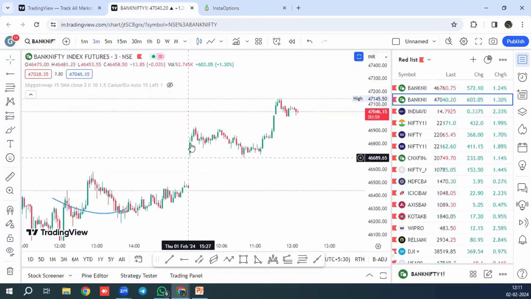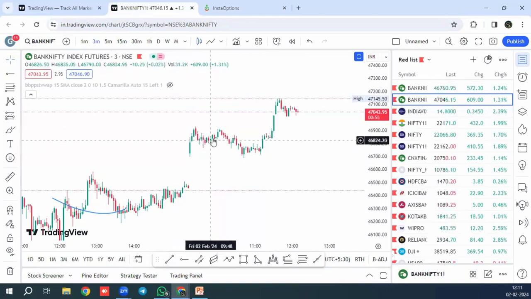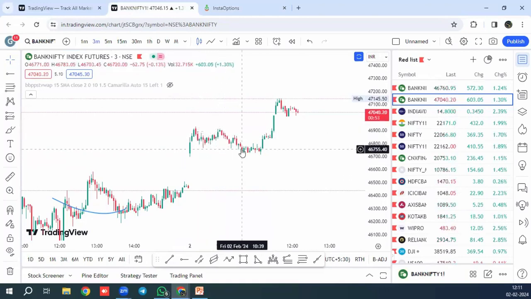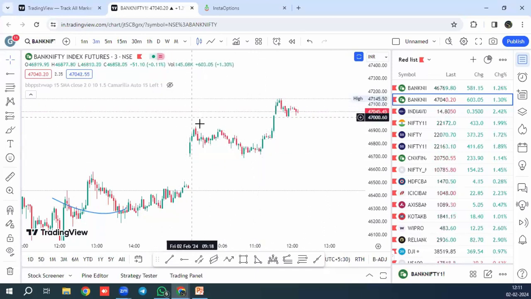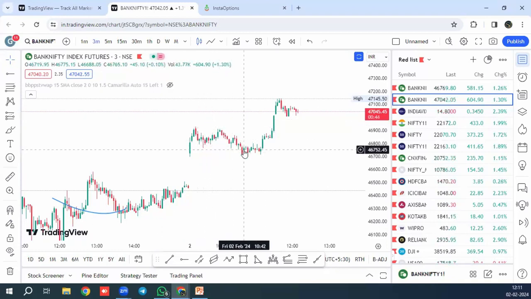You can see here it was bullish, then slightly came down, consolidation, market shot up, then came down, consolidation, then again the market shot up, right?